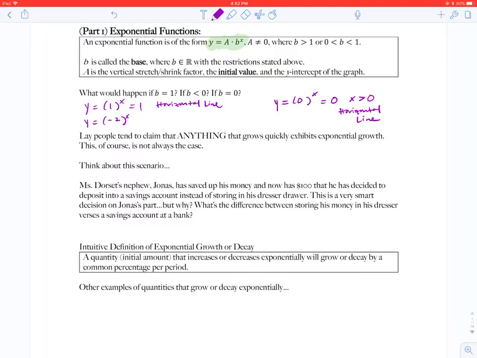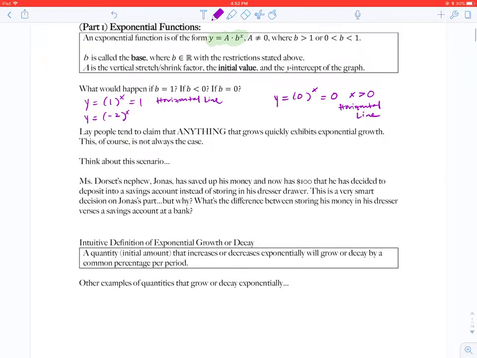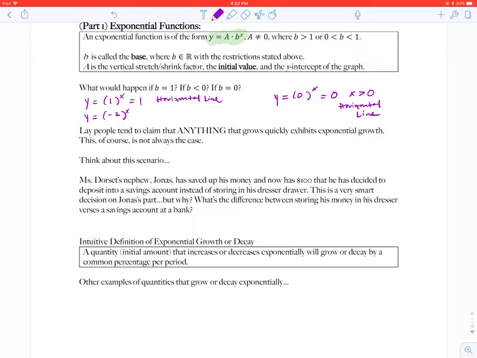And as that amount gets larger and larger, the amount that's added, that 2% of a larger amount, he's going to be making more money than if he were to just put his money in the dresser drawer. So we would say then, if he put his money in the savings account, that his money would be increasing or exhibiting exponential growth.